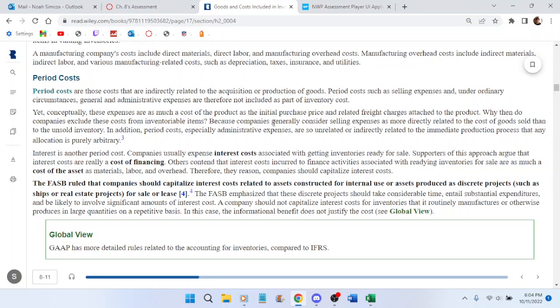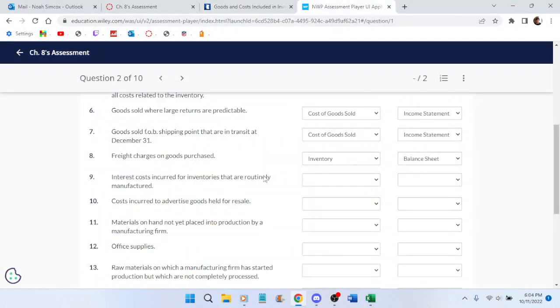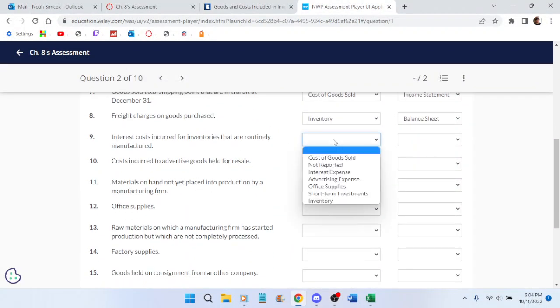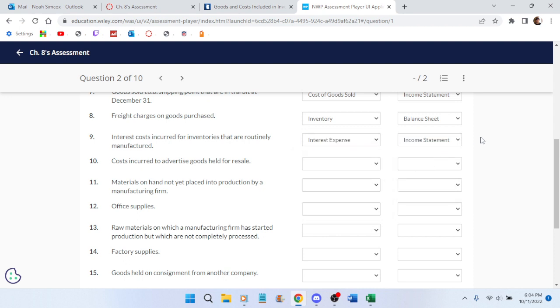What they mean by this is I think you make it an expense. Interest expense. That's what they mean. Capitalize means you make it an asset. I mean, not an asset, a cost of goods sold or something. Oh, I hate myself. Costs incurred to advertise goods held for resale.